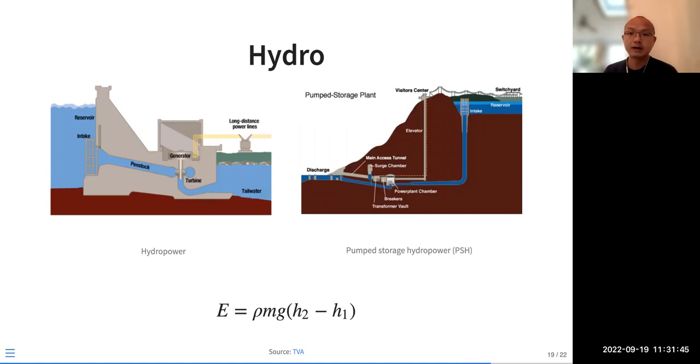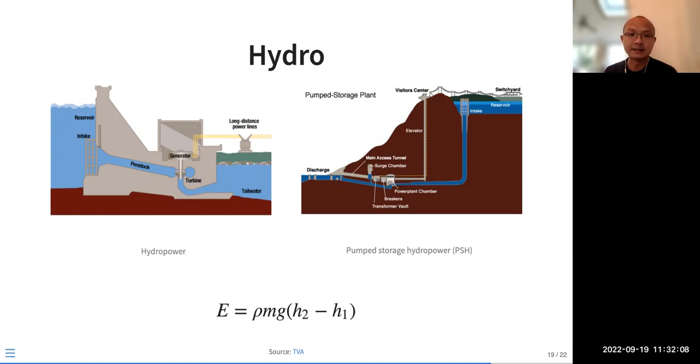So I'll go very quickly on the two other technologies with fundamental physics, and one is hydro. Hydro is basically the gravitational energy in the gravity of the water, right?